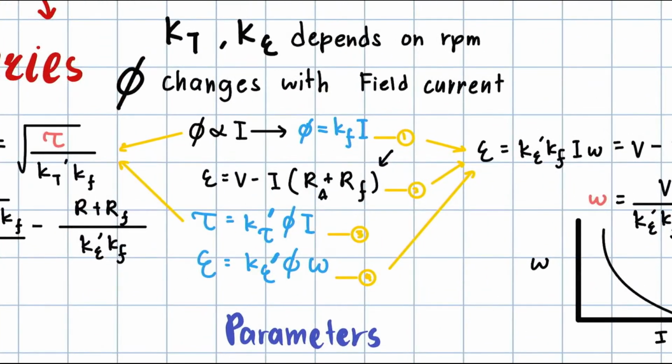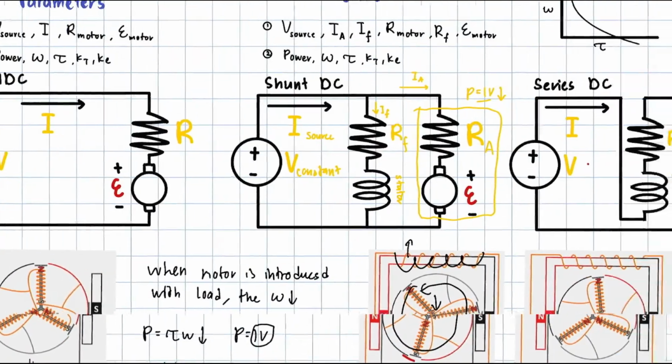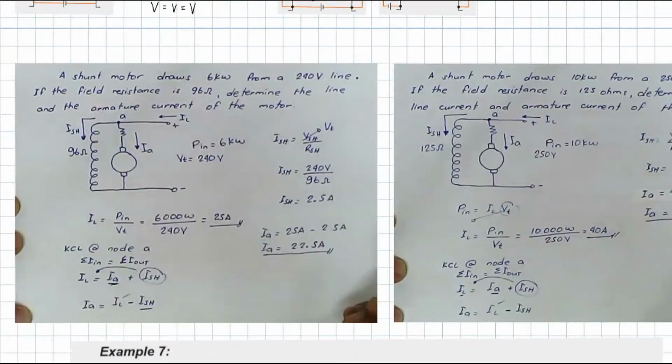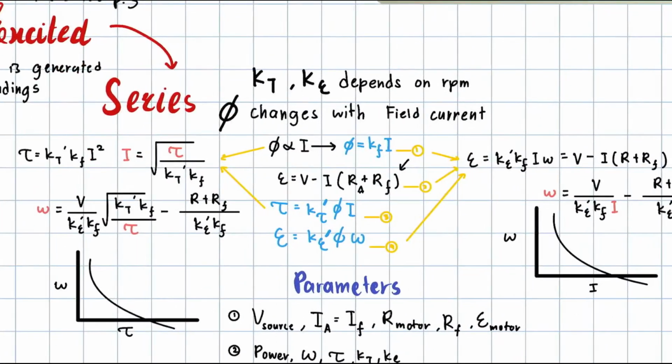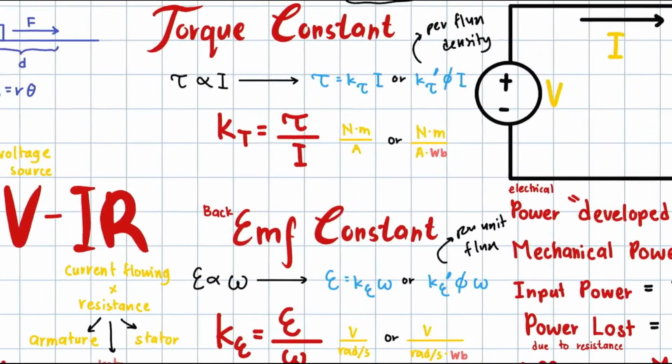Okay. So we need to use all the constants we have. So we have the torque constant, we have the E constant. Okay. As you can see here, the flux density changes. So when flux density changes, you can no longer use this.